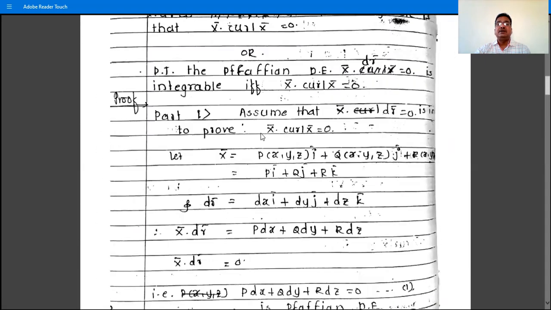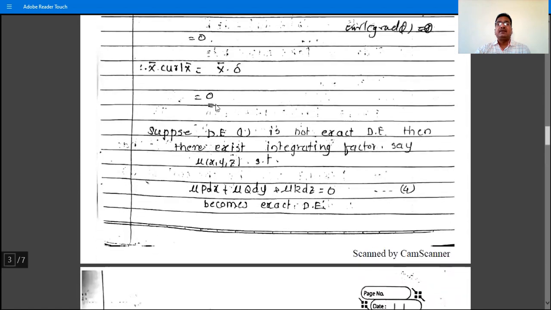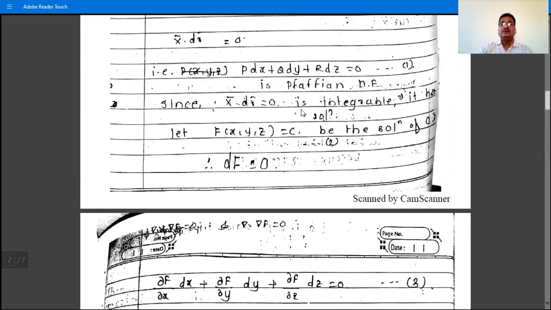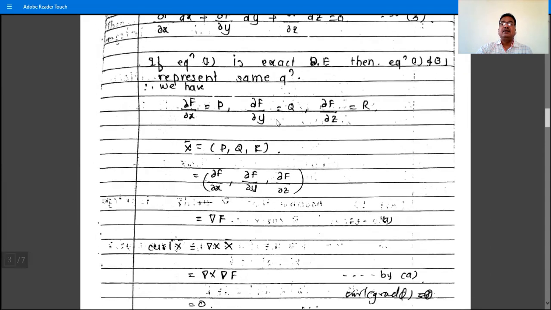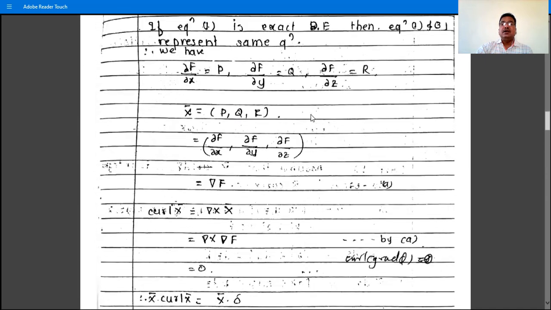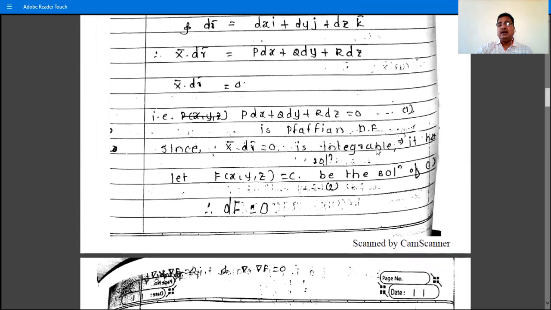That is, our assumption is that X bar dot dr bar is integrable. Then we have that X bar dot curl X bar is 0. But here we assumed this given differential equation number 1 is exact. Suppose it is not exact, then there exists an integrating factor, because our assumption is that equation number 1 is integrable, meaning it has a solution.